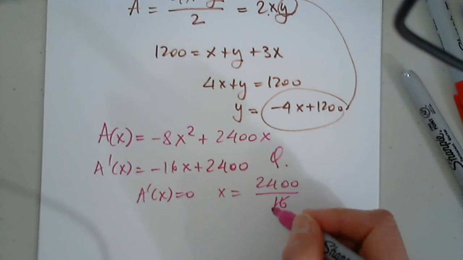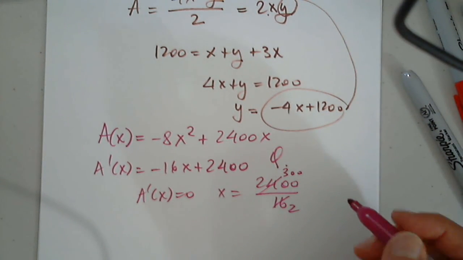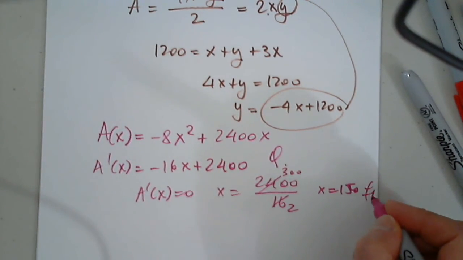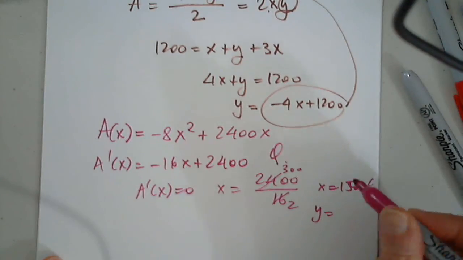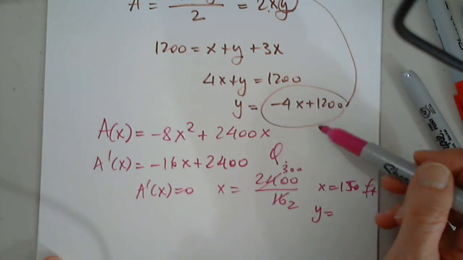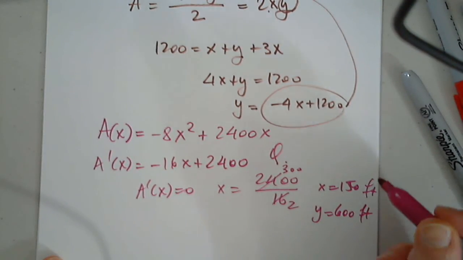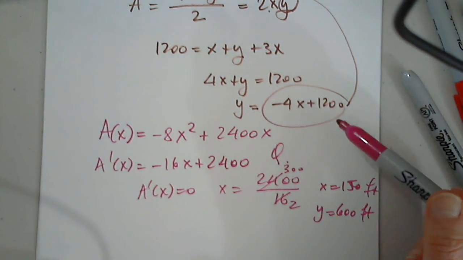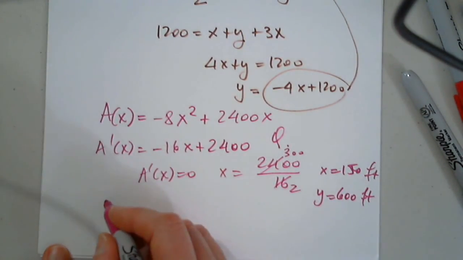Dividing by 8, 300 over 2, so I have 150, and this is in feet. So I claim that 150 for x, and 4 times 150 is 600. Am I correct? 300, 600, yeah, okay.